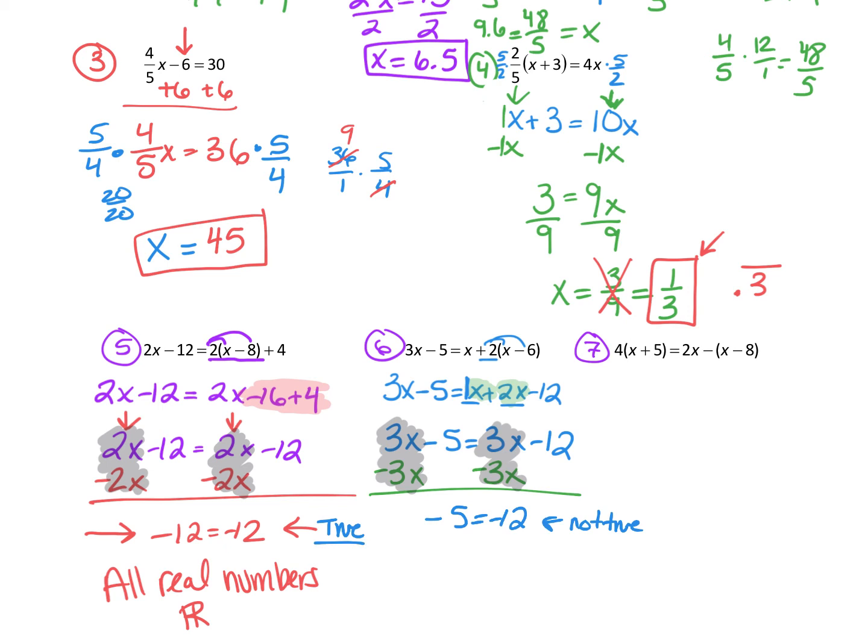Since it's not true, we're going to say that there is no solution because basically since the two sides aren't equal, there's no number that will ever solve this problem. Versus in number 5, since the answer is all real numbers, that means any number would work. And the two sides are always equal.